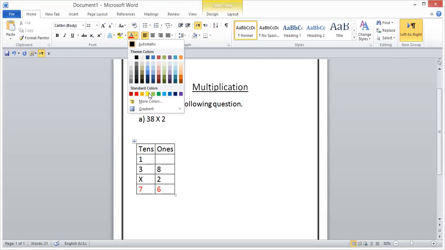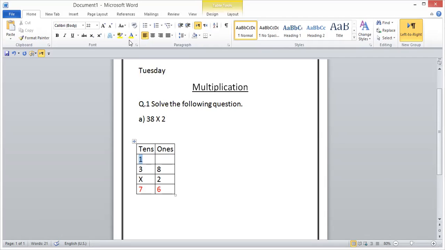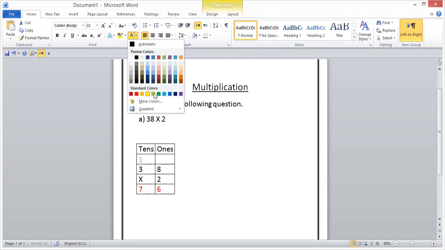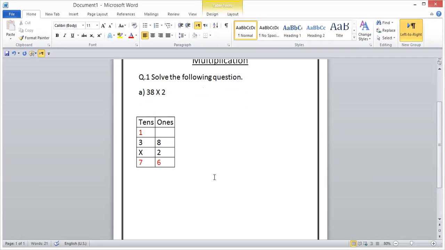So this is the answer, guys. 2 multiplied by 8, 16. 6 here, 1 here, then 2 multiplied by 3, 6 plus 1, 7.